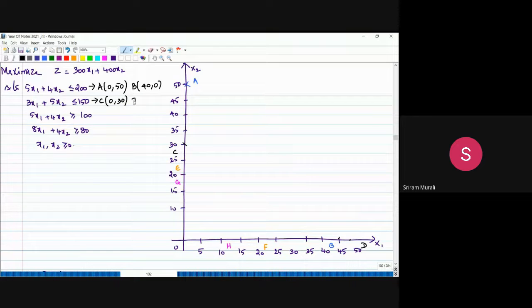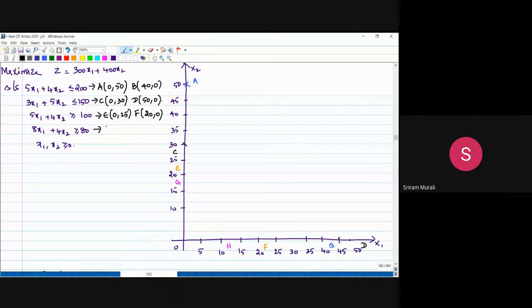When x2 is 0, what is x1? 50. The same A, B, C, D, E. So when x1 is 0, what is x2? 25. F, when x2 is 0, what is x1? 20.